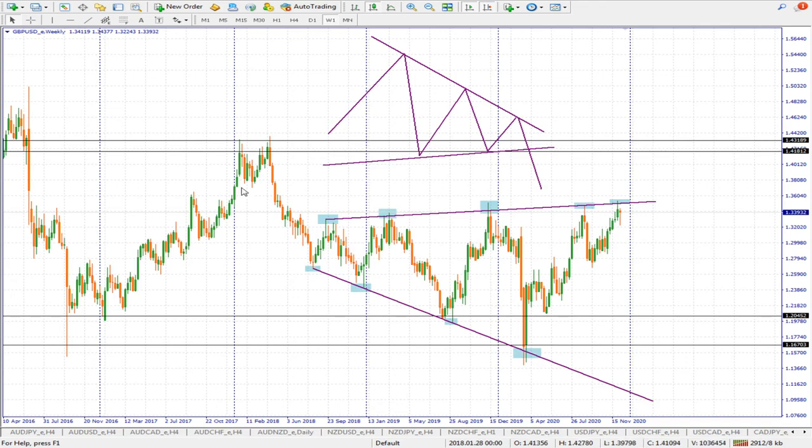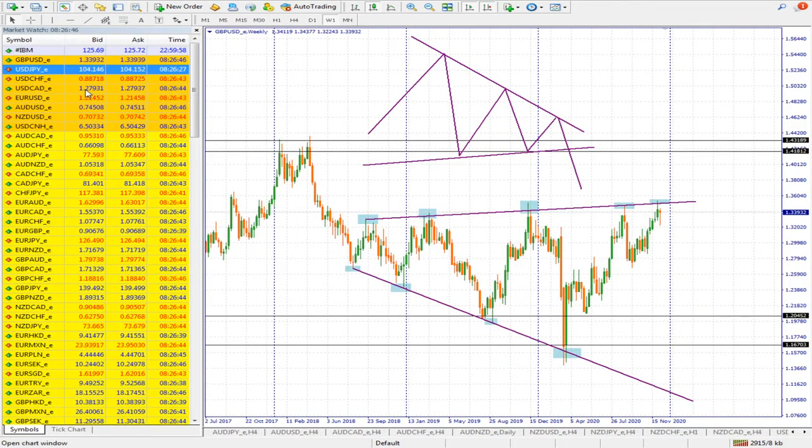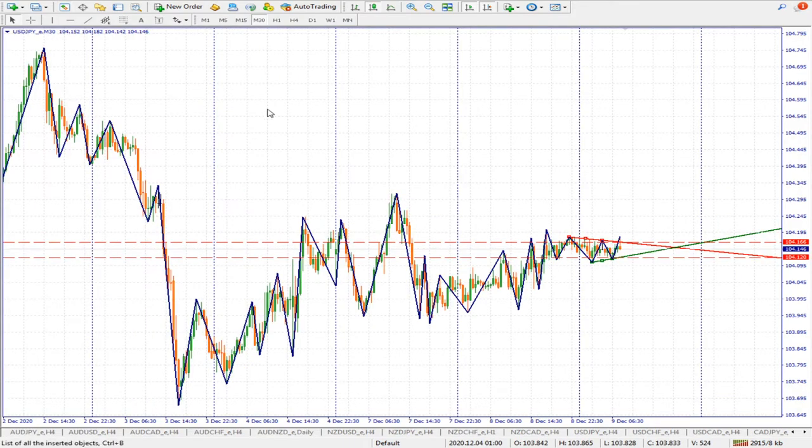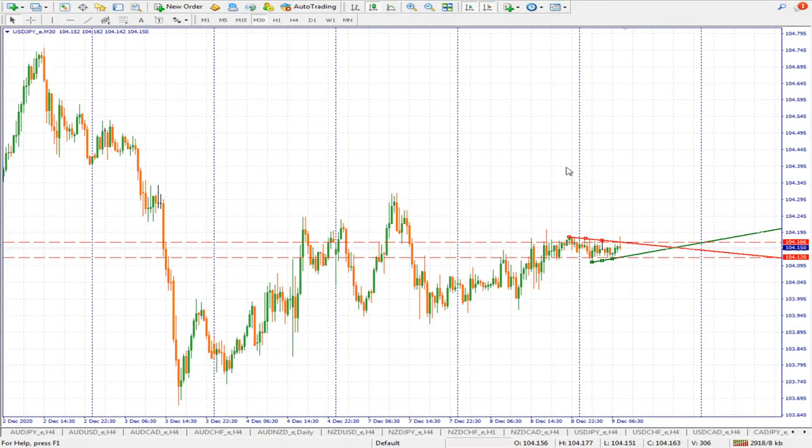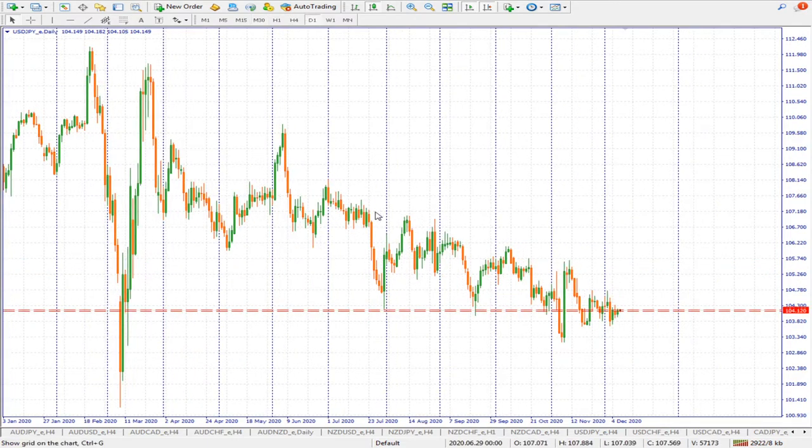Let's look at another example. Here's the JPY. When you look at this chart like this, you may not see clearly whatever I'm saying, but you go to the daily chart. So on the daily chart, we draw based on this tail.